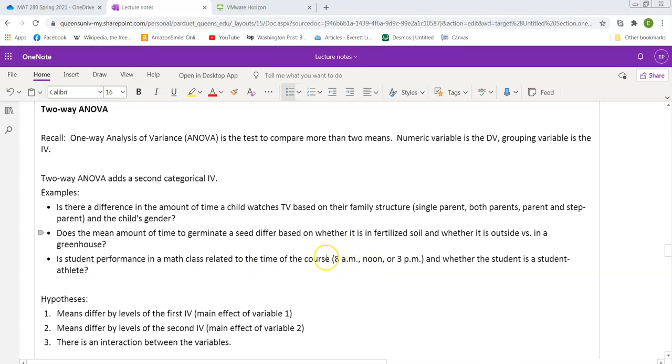They're best at 8 a.m., followed by noon, and then by 3 p.m. they're tired out. That's what an interaction looks like. So the interaction is if there's an interaction between the variables. Let me show you what I mean graphically.